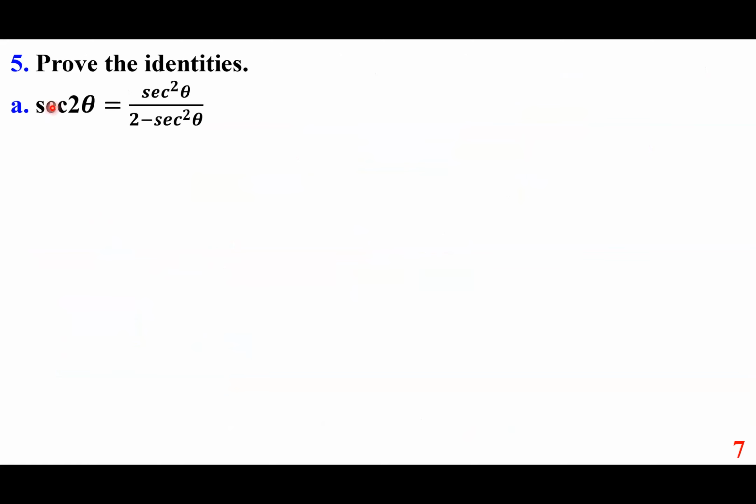We want to prove the identities. One of them is secant 2 theta is secant squared theta over 2 minus secant squared theta. And it's a good practice to start with the more complicated side. In this case, the more complicated side seems to be the right-hand side.